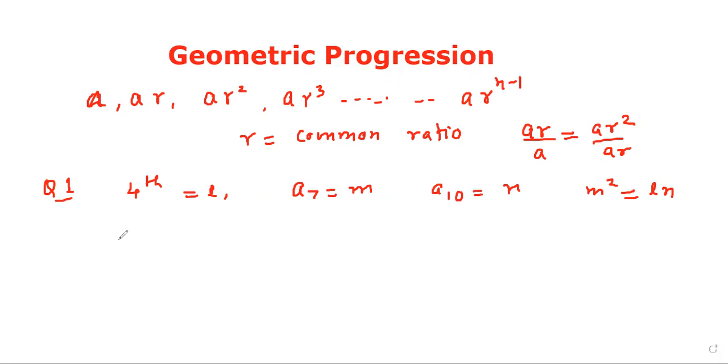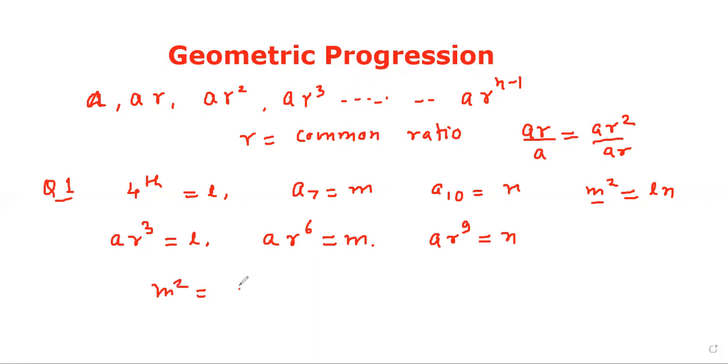So the 4th term is given by ar^3, which is L, and the 7th term will be ar^6, that is M, and the 10th term ar^9 is N. Now we consider LHS.